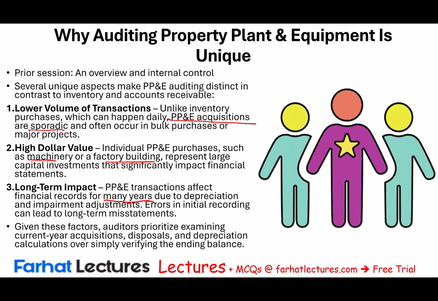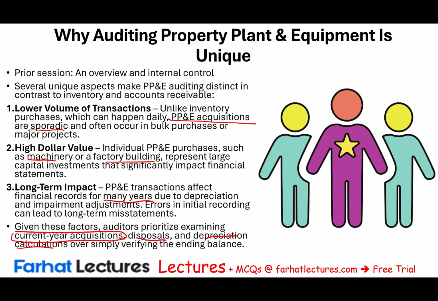Given these factors, auditors prioritize examining current year acquisitions, disposals, and depreciation calculations over simply verifying the ending balances. Because what we want to know is, once we put it on the books, once we have the proper amount, that proper amount will not change.